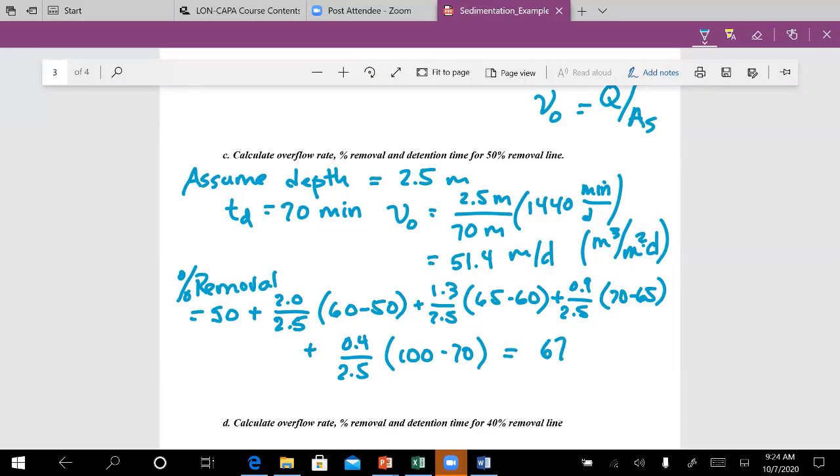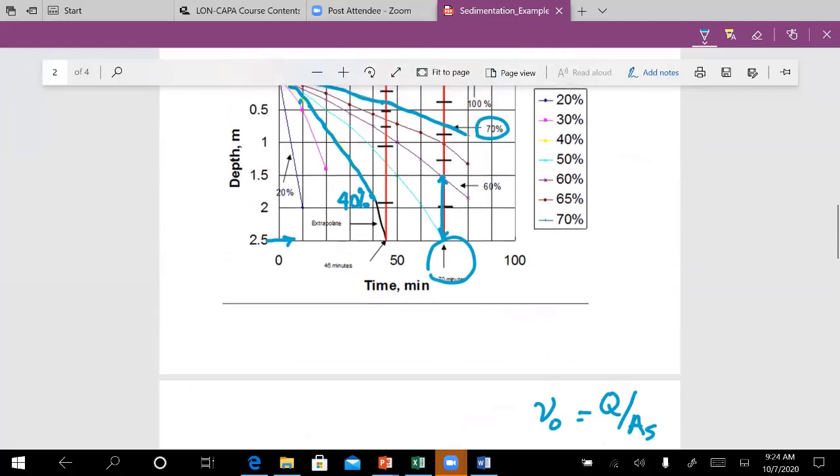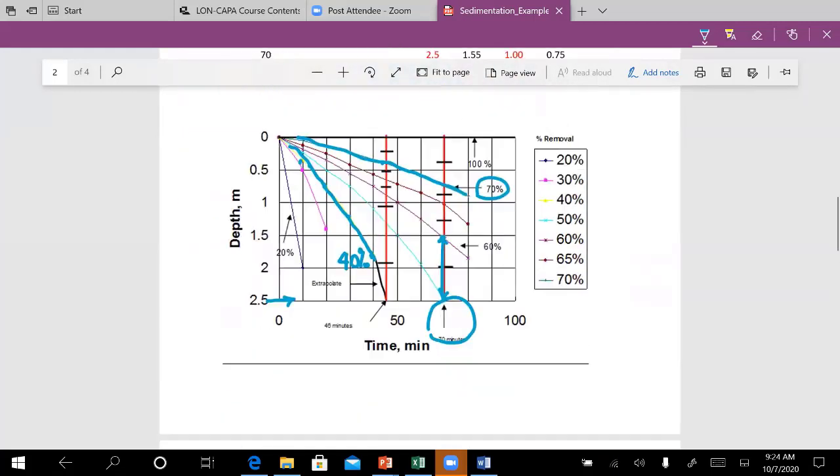And that equals 67%. So what we calculated here was that at a detention time of 70 minutes, an overflow rate of 51.4 meters per day, we would get 67% removal. So we're just looking at these distances.